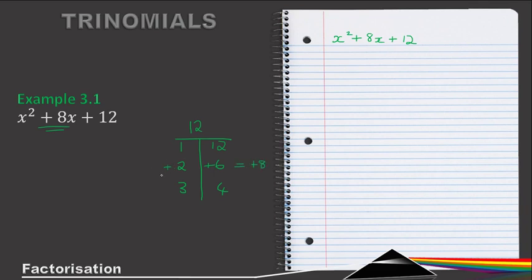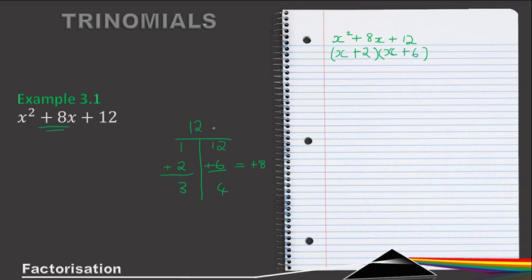So the two that I'm going to use are these two. I just write two brackets, then my first terms in both of the brackets are always x, and then I simply write this. The plus 2 goes here, and this plus 6 goes over here.